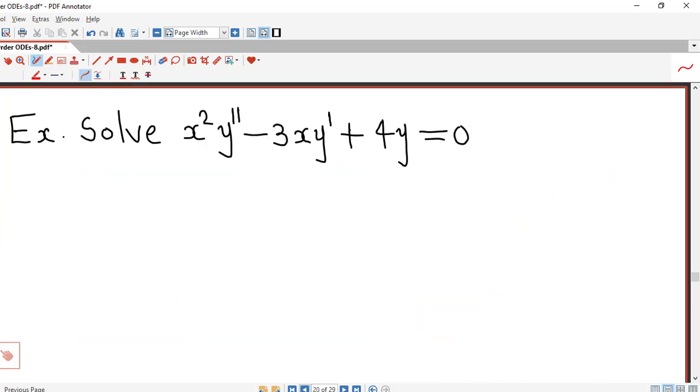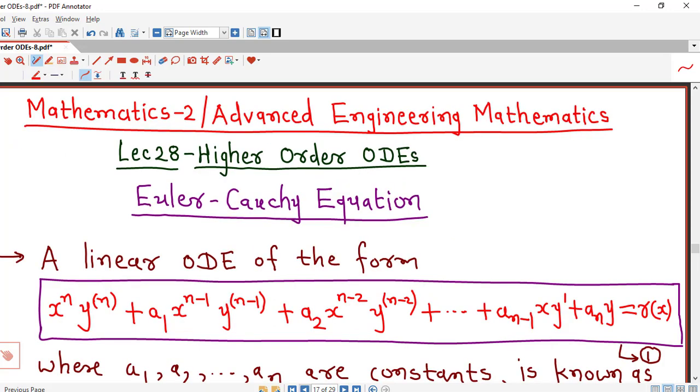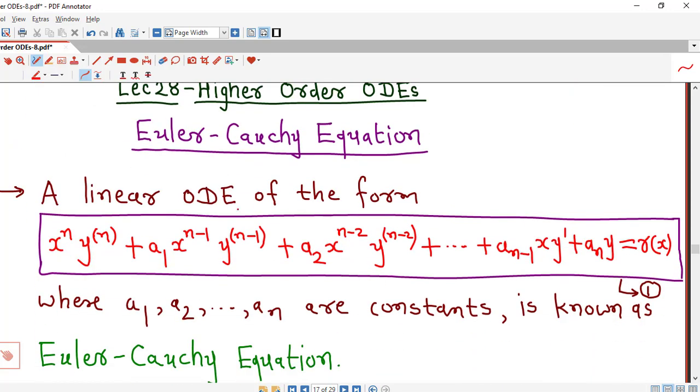So we start with the standard form of the Euler-Cauchy equation. A linear ordinary differential equation of the form x raised to n into the nth derivative of y plus a1 x raised to n minus 1 multiplied with the n minus 1th derivative of y, x raised to n minus 2 multiplied with the n minus 2th derivative of y, and so on, here x is multiplied with the first derivative of y, plus an y equal to r(x).